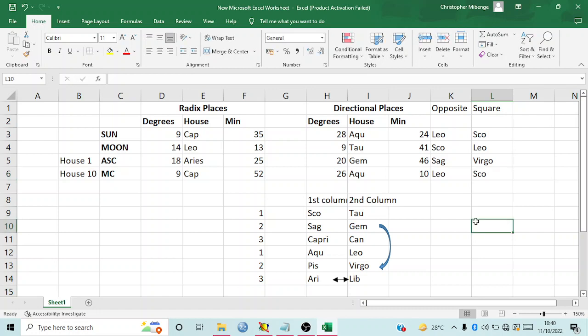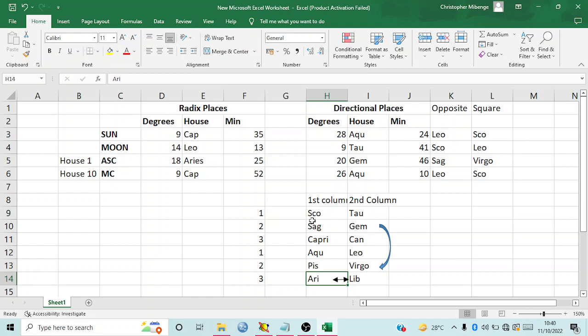So having said this and done this, we should always remember that the simple trick is to start with Aries here. Then count the houses according to their order from Aries. You go to the second column, Taurus, then Gemini, Cancer, Leo, Virgo, Libra. Once you finish the count here, you continue it on the first column.